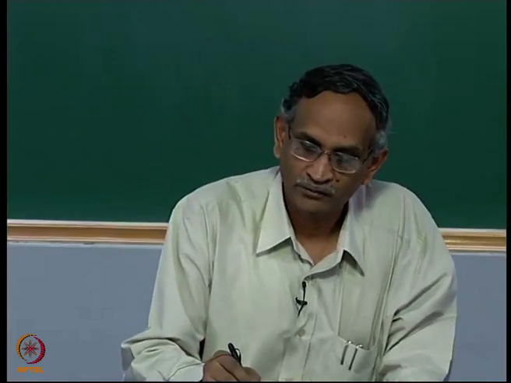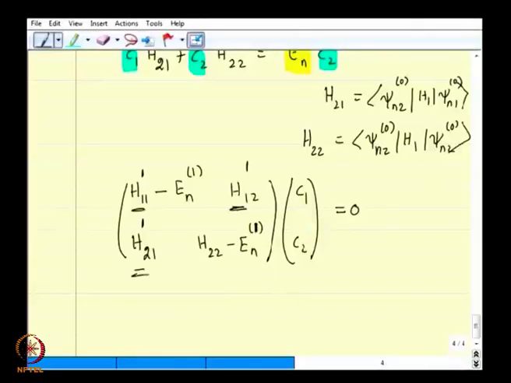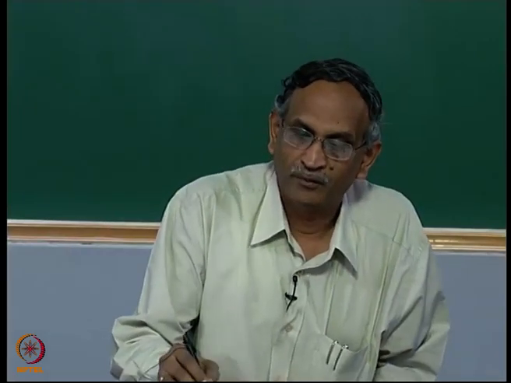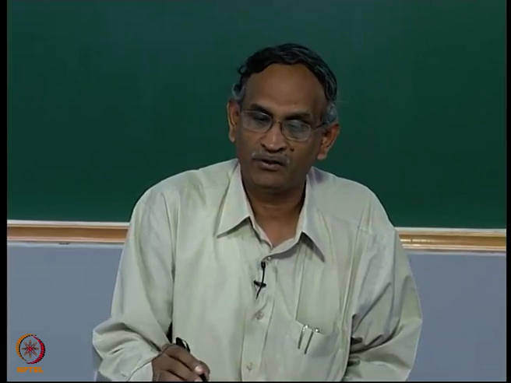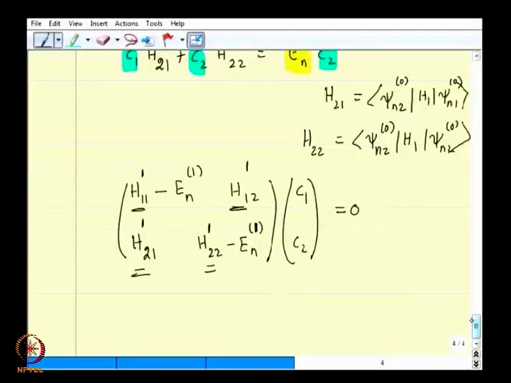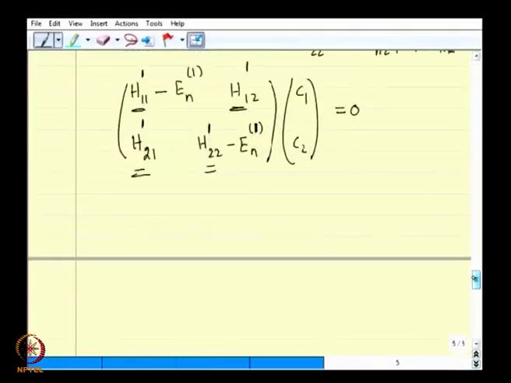That Hamiltonian is the matrix of the Hamiltonian in those two degenerate eigenstates, and the eigenvalue of that matrix happens to be the first order correction to the energy. So the immediate answer is that the determinant of this matrix is 0.